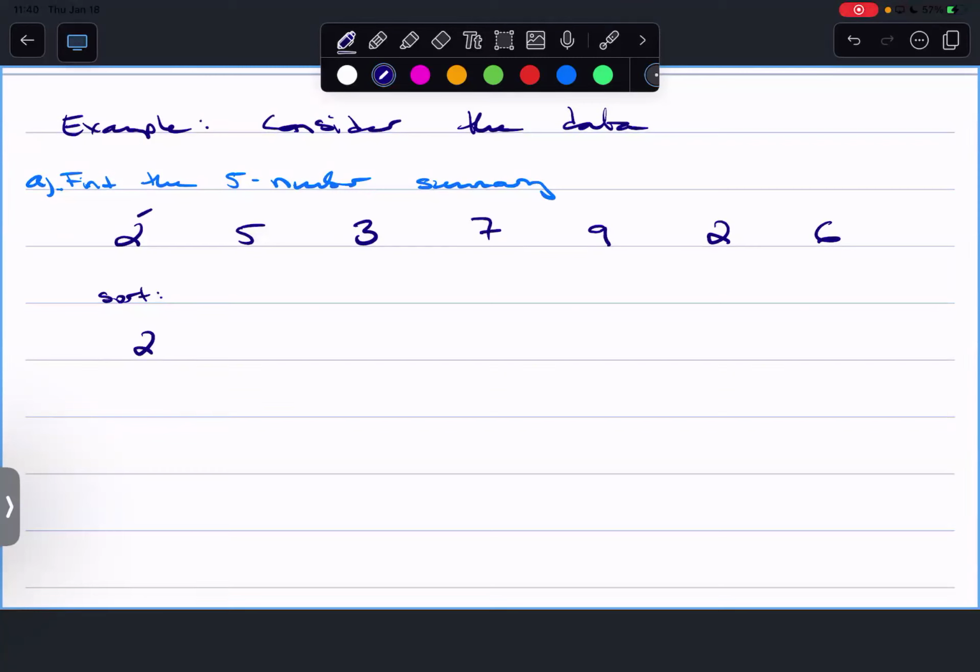And so I've got a 2, and then I've got another 2, and then I've got a 3, and then I've got a 5, and then I've got a 6, then I've got a 7, and then I've got a 9. Let's check. 1, 2, 3, 4, 5, 6, 7. 1, 2, 3, 4, 5, 6, 7. Nice. Feeling confident that I got them all. Okay. And they're now sorted.